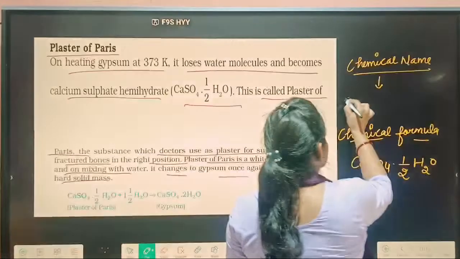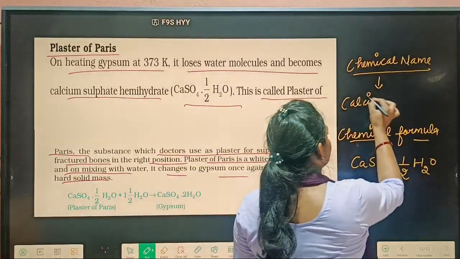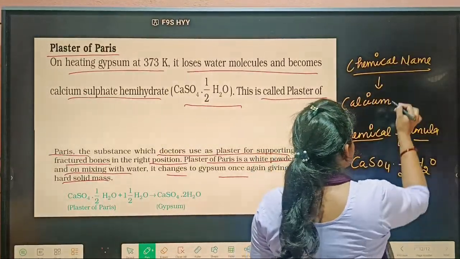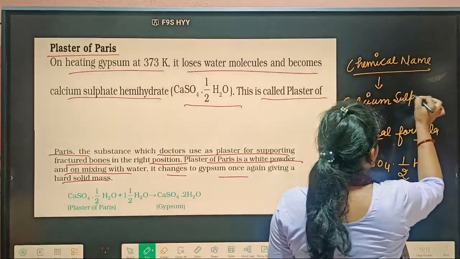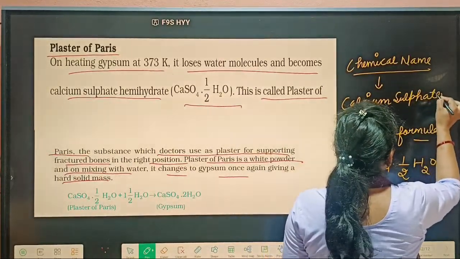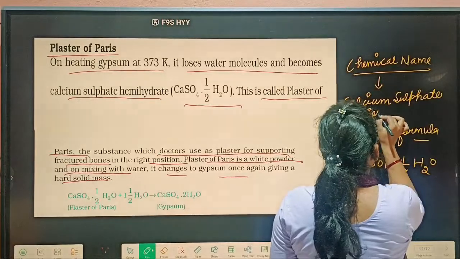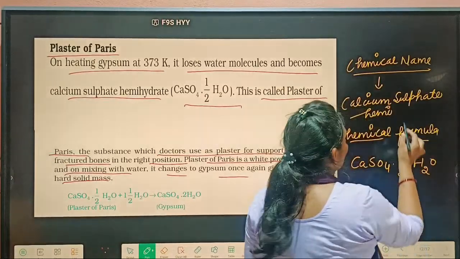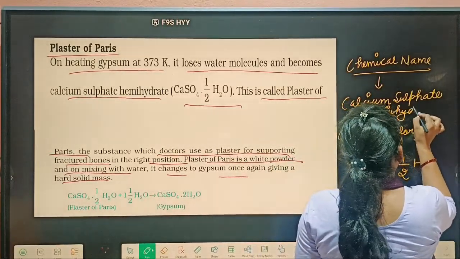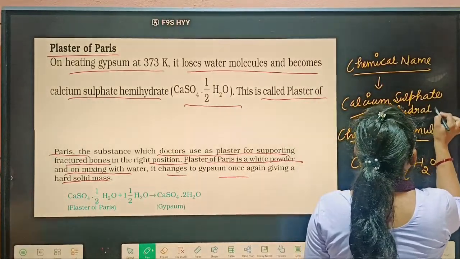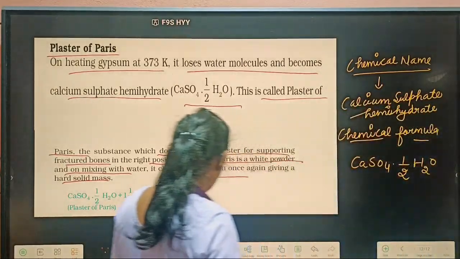Ca calcium, SO4 sulfate, calcium sulfate, half means hemi, H2O hydrate. So students, what is the name here?